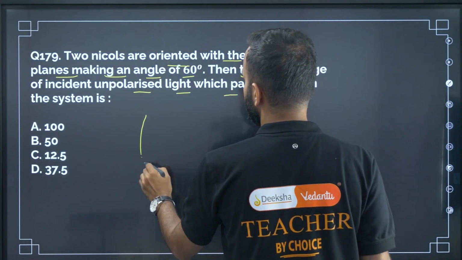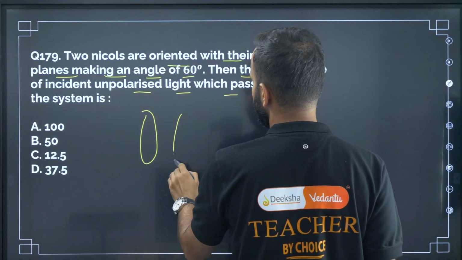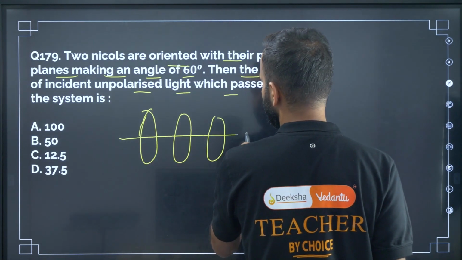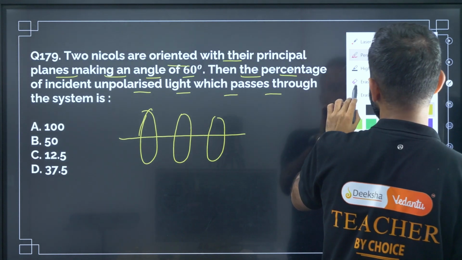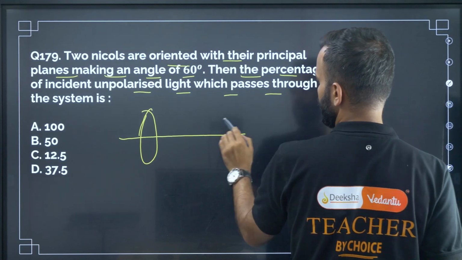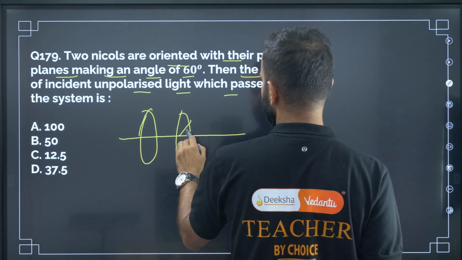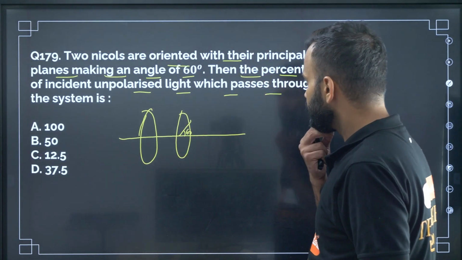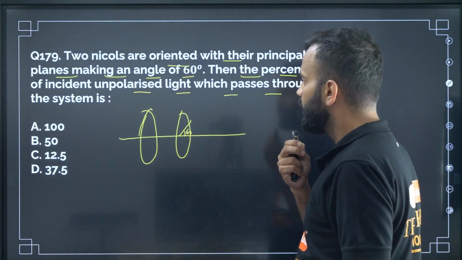So only two nicols, with principal planes making an angle of 60 degrees, and we need to find the percentage of incident unpolarized light which passes through the system.